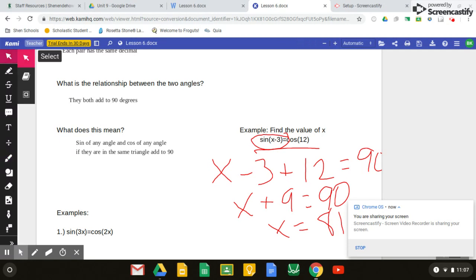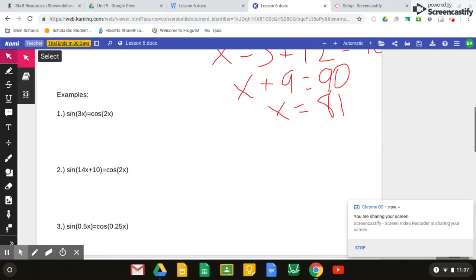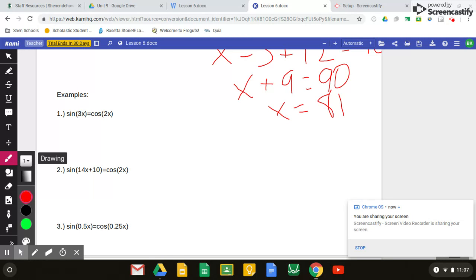All right, so let's try the next one. Next, we got sine of 3x, cosine of 2x. They're equal. So what I'm going to do is add both of them up, set equal to 90, and then I solve. So 3x and 2x is 5x.